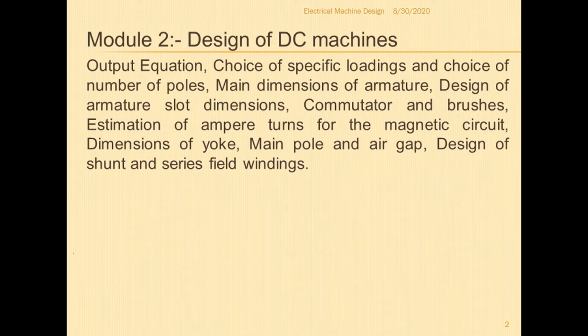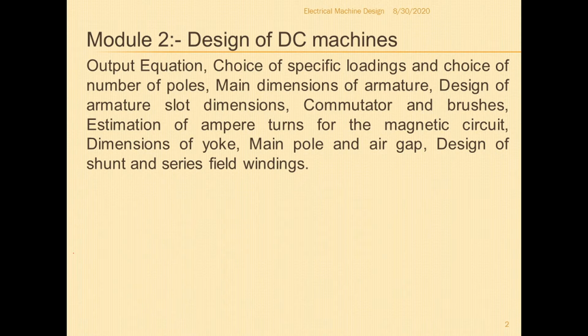The parameters which describe the output of DC machine. Then choice of specific magnetic loading and electrical loading. The definition of specific magnetic loading, what is meant by magnetic loading and what is meant by electrical loading, and what are the parameters which influence the design of DC machines. That also you will be learning.